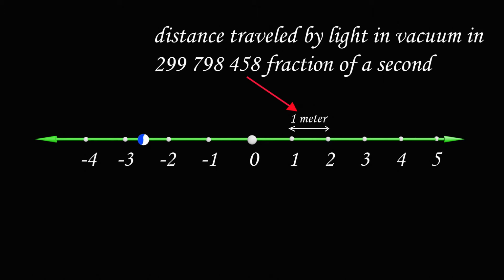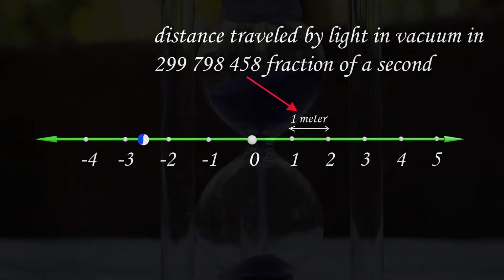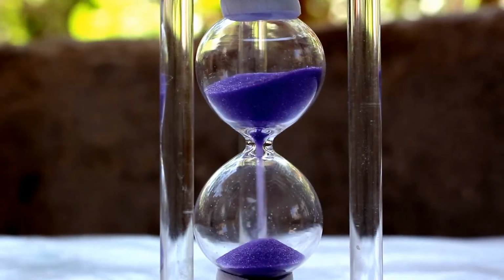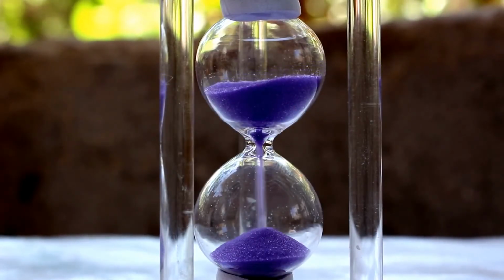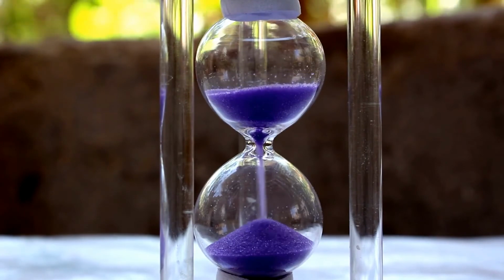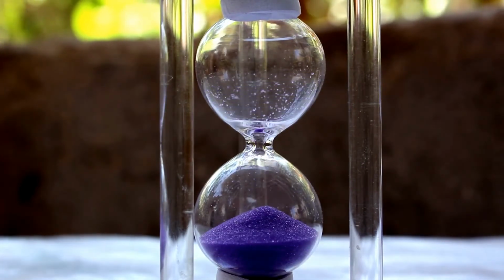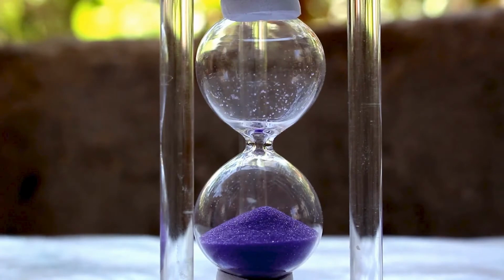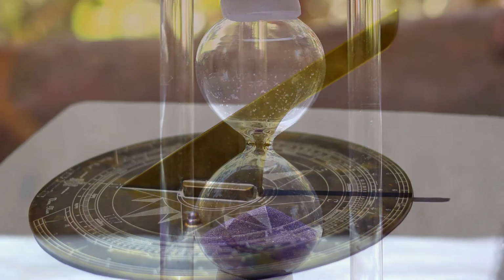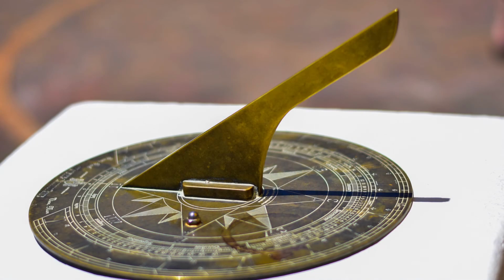Since ancient times, people used different time measuring devices like sand glass, in which the passing of time was recorded as the time span of flow of substance, generally sand, from upper bulb to the lower bulb of the sand glass. Sundial, in which the time was recorded as the movement of the sun across the sky and hence the edge of a shadow of an object called gnomon, the pointer in the sundial.